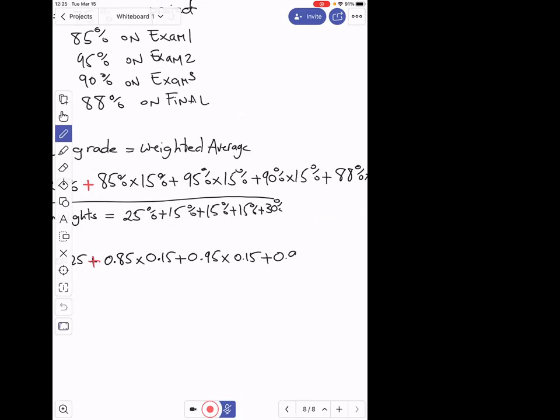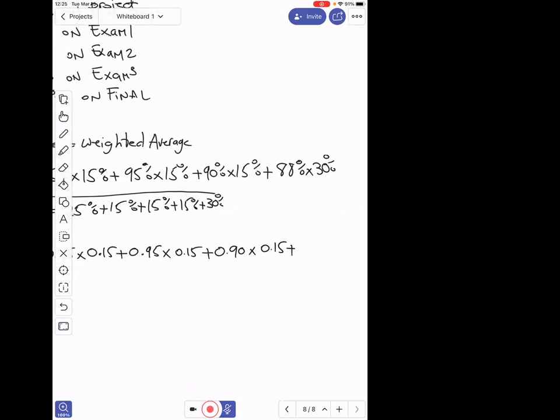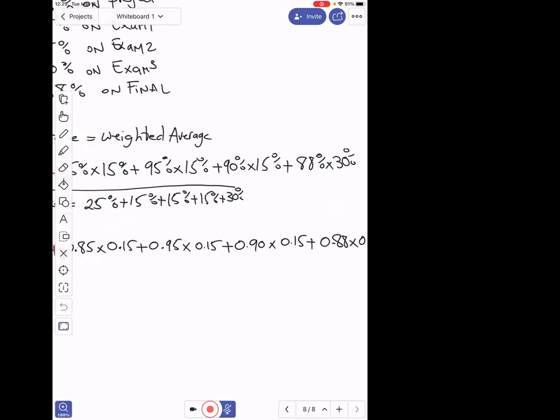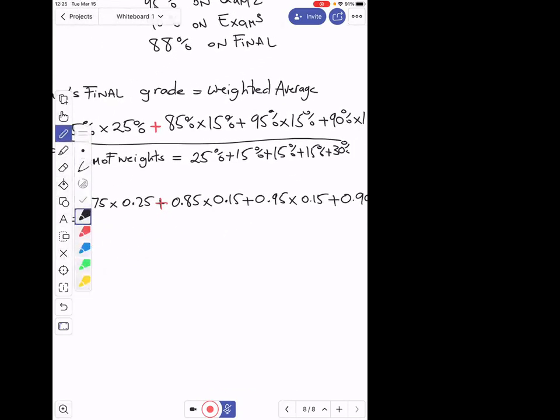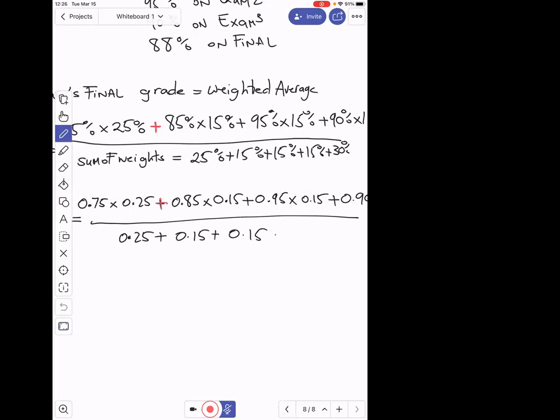I don't know if you're going to have time to finish everything here, but plus 88, which is 0.88 times 0.30. This whole thing is divided by 0.25 plus 0.15 plus 0.15 plus 0.15 plus 0.30.